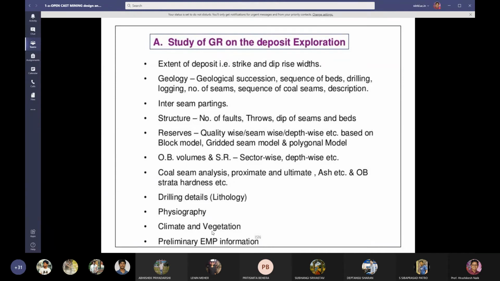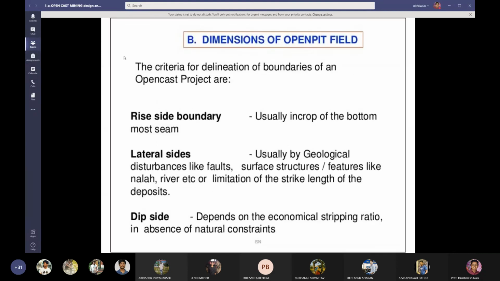Physiography, climate and vegetation of the area, and preliminary environment management plan information. All these things are to be studied during the first step, the study of geological reserve and the deposit exploration.